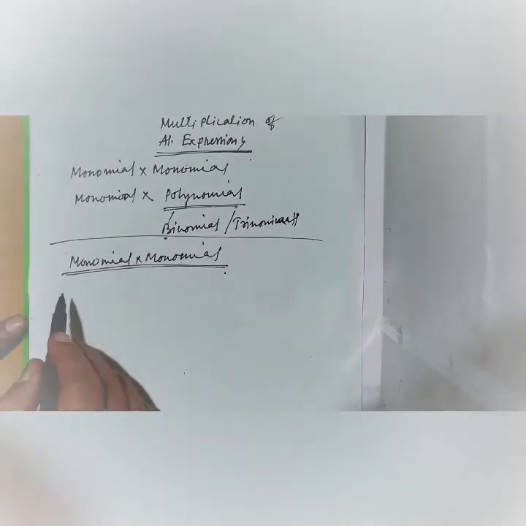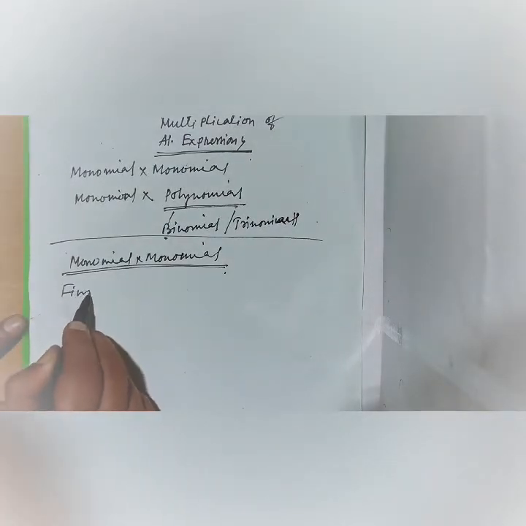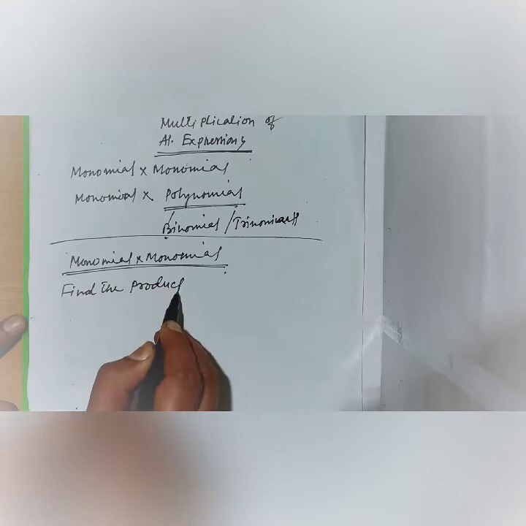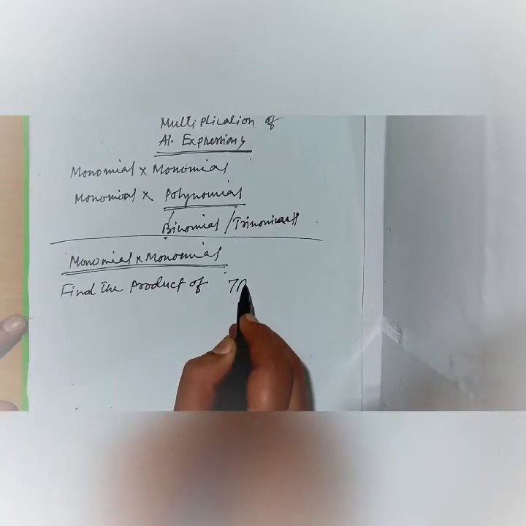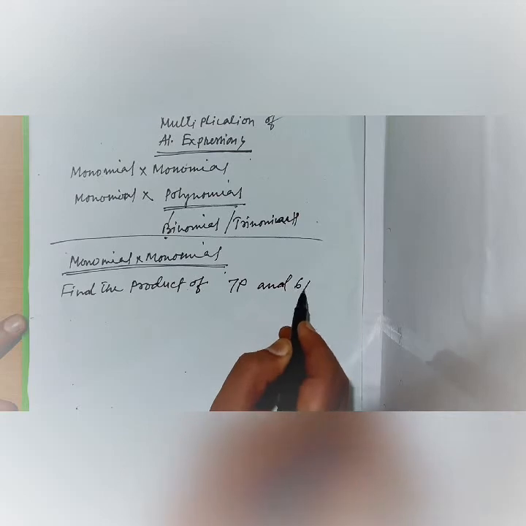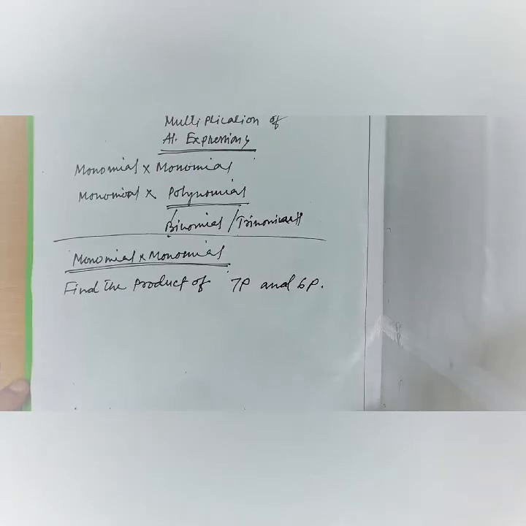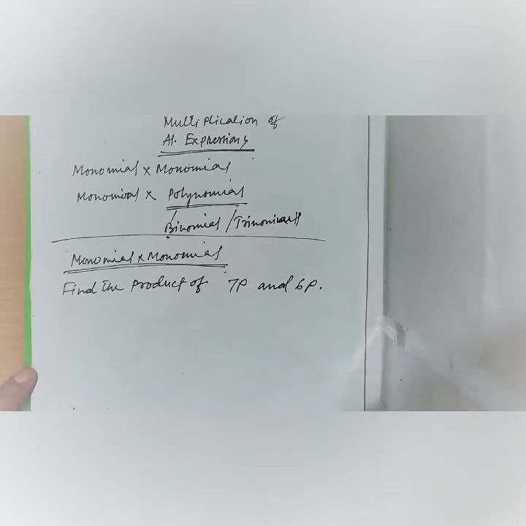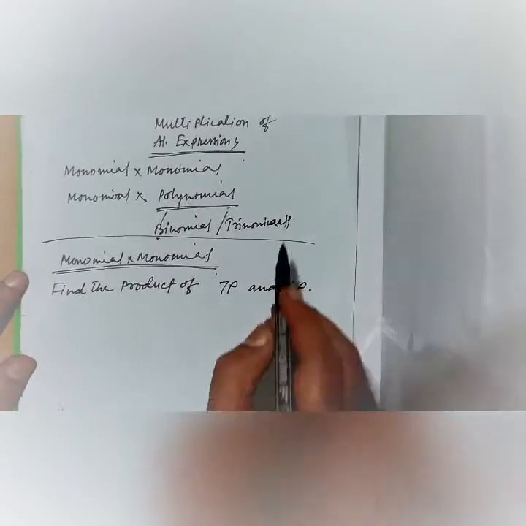So let us first find the product of 7p and 6p. And one more thing you should remember, that while multiplying algebraic expressions we need the help of laws of exponents.